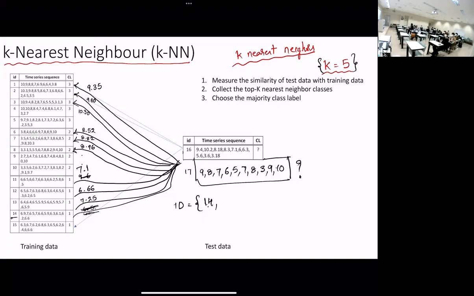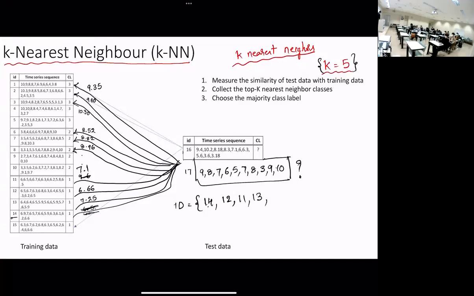12. Okay. Next one. Next closest one. 13, 11. 7, 10. 1. Next one is 30.